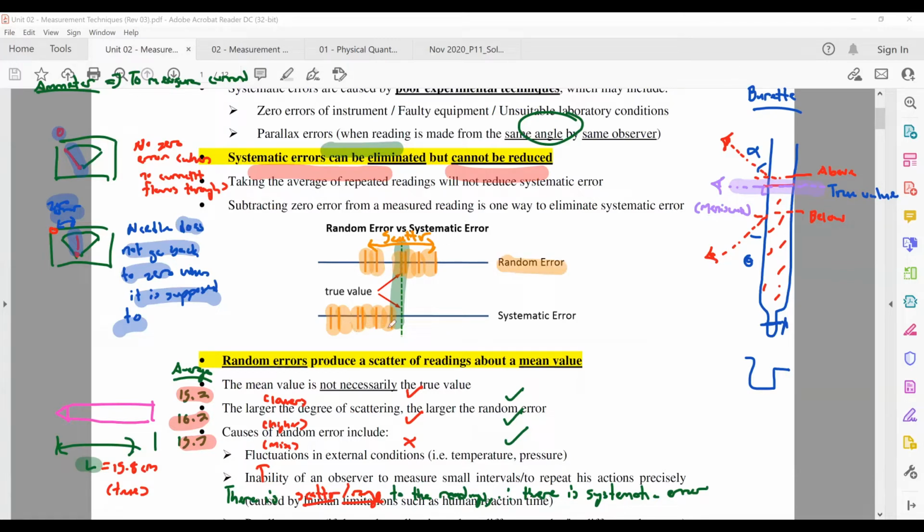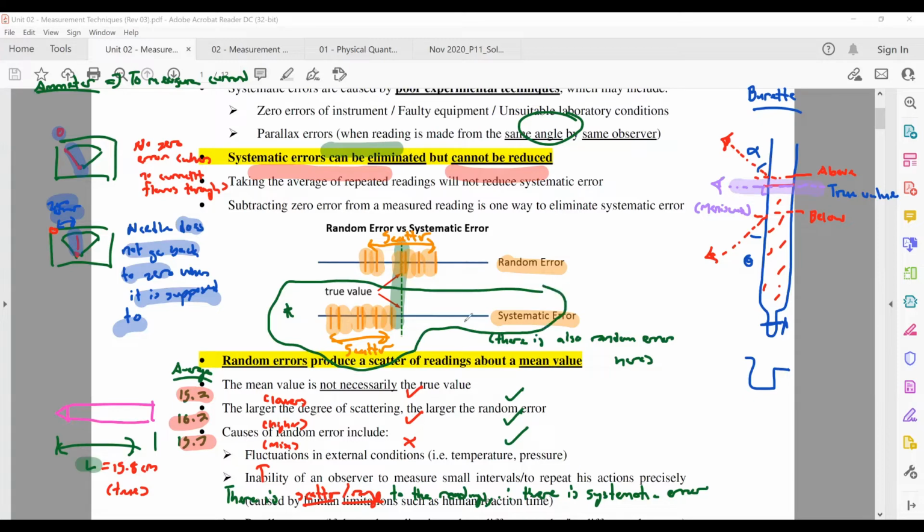In the second example, although we label it systematic error, your readings also have a range, so we can also say there is random error here. This example has both systematic error and random error because there is a scatter in your readings.